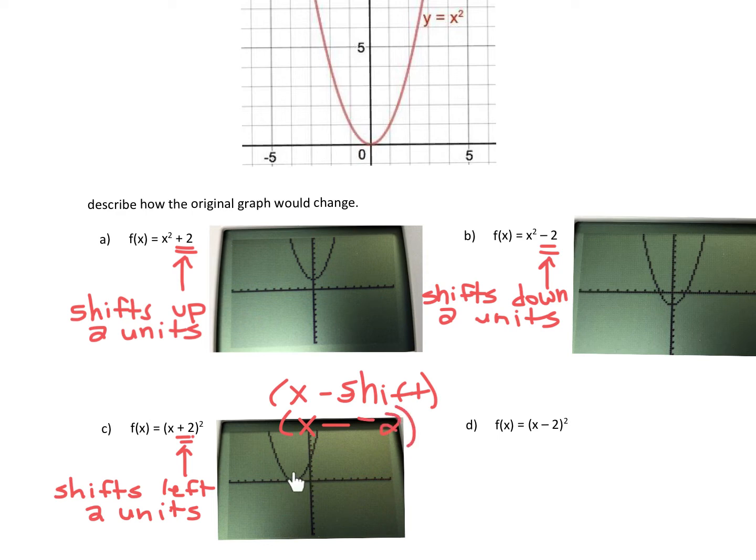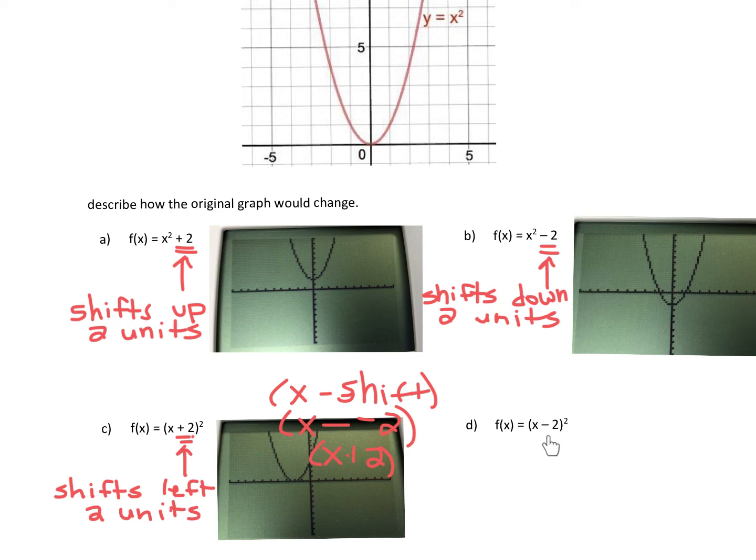If you're shifting to the left, you're going in the negative direction. Isn't a minus negative a positive? And that's how we get the plus sign within the parentheses. So it's just the opposite sign of what you would think. If there's a plus sign in the parentheses, you're moving to the left.